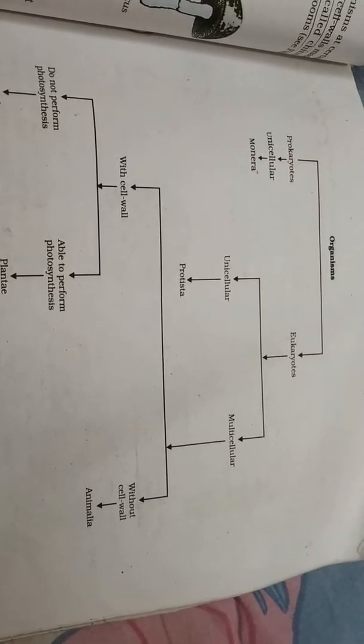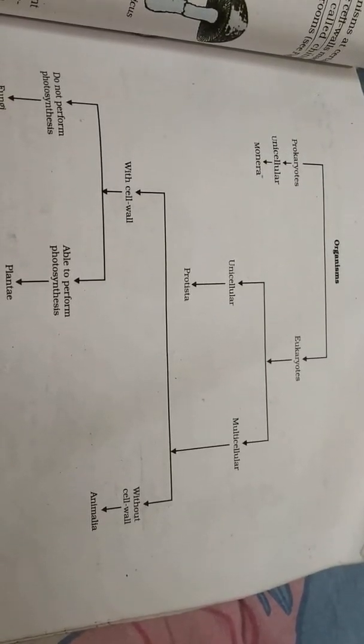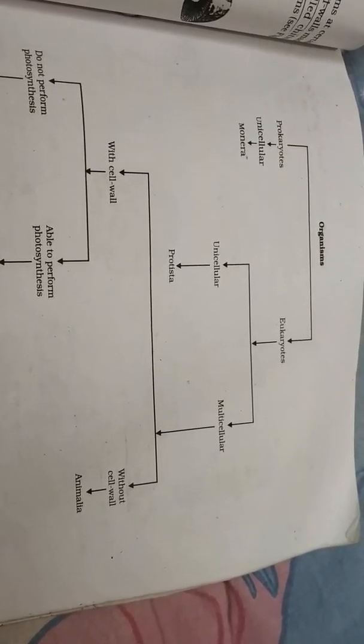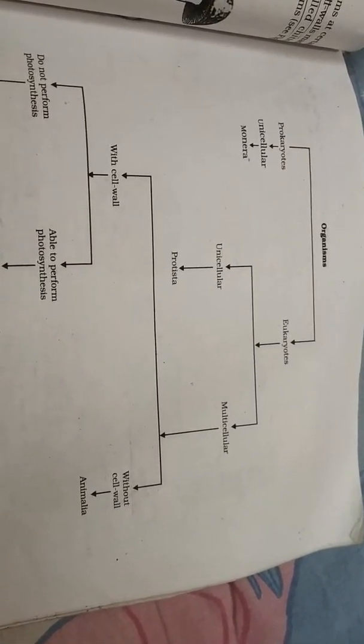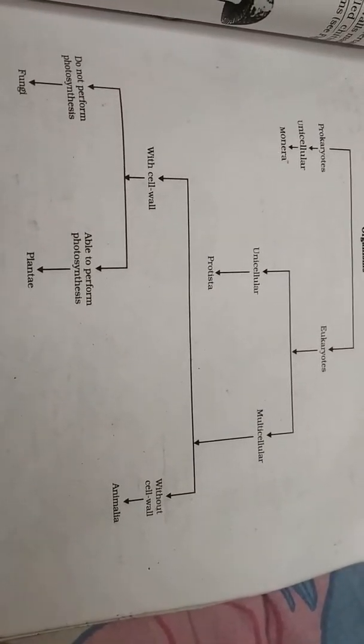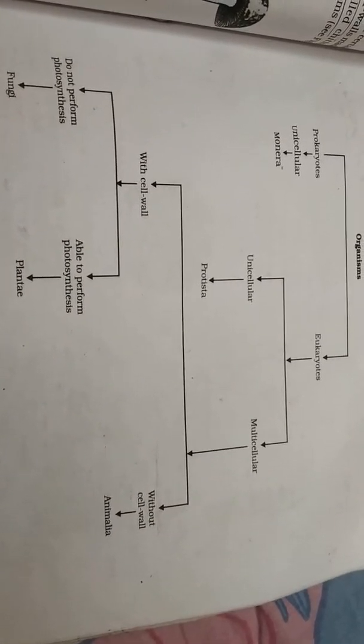When it comes to eukaryotes, some of them are unicellular and some of them are multicellular. Protista is eukaryotic, but it's unicellular. So under unicellular, we can see Protista. When it comes to multicellular, some are with a cell wall and some are without a cell wall.